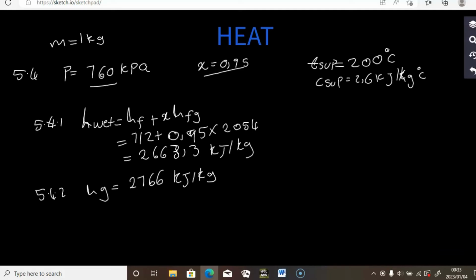Here they are looking for the heat energy that we added to the dry steam, turning it to superheated steam.